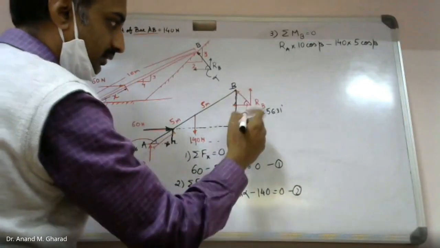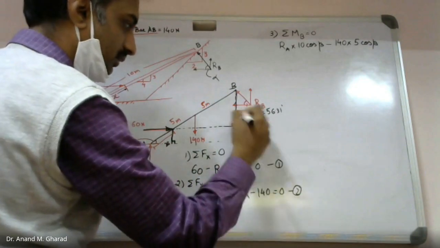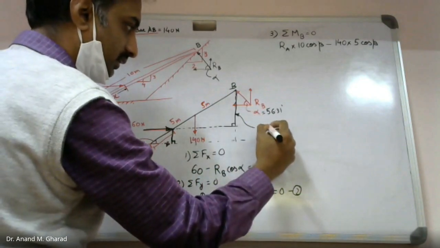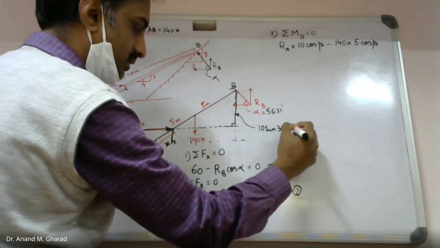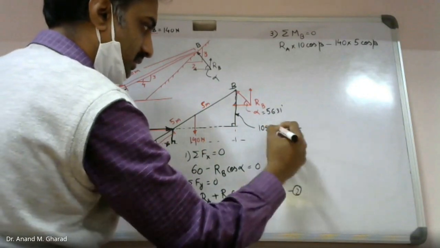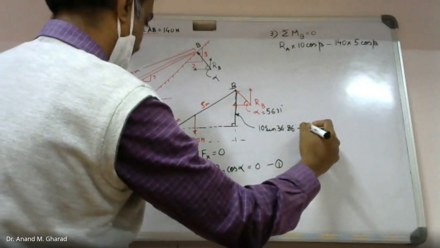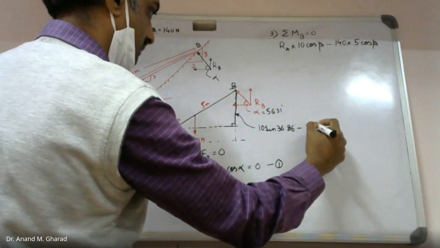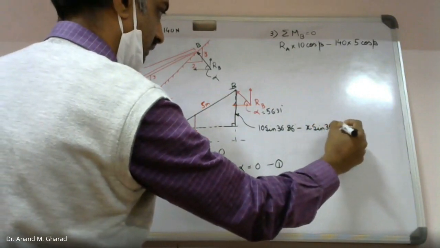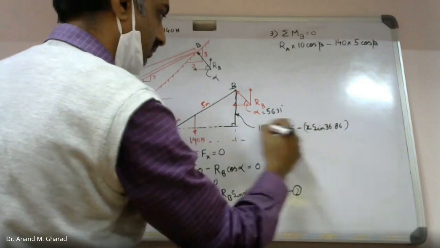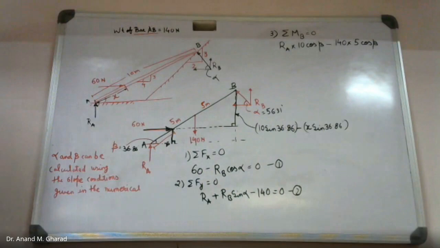So it will be 10 sine 36.86 minus x sine 36.86. Is that equal? If I am wrong, please correct me. Because this value is positive.